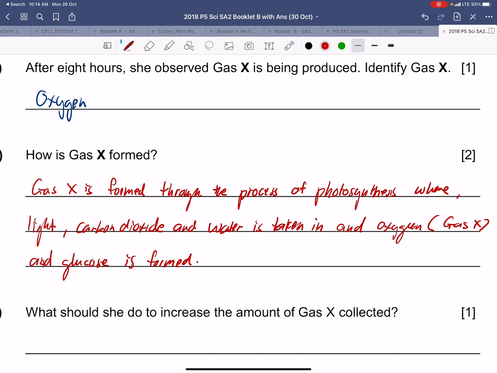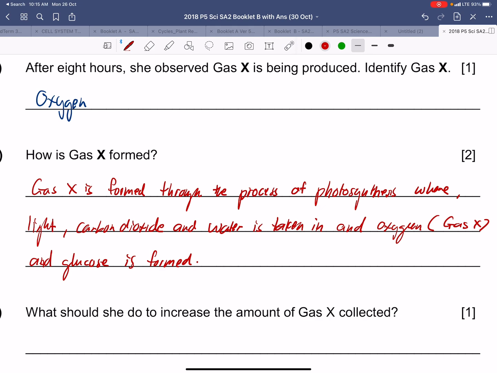The parts that are not needed would be things like glucose, because they didn't really ask you what all the end products are. But I thought it's good to give a complete answer by telling them both oxygen and glucose are formed. I know some of you are worried, so you put gas X instead of oxygen because you're afraid that you identified gas X wrongly.